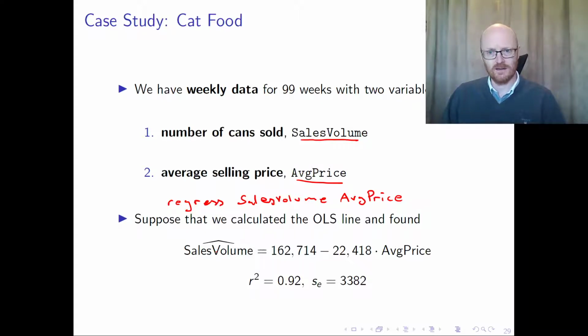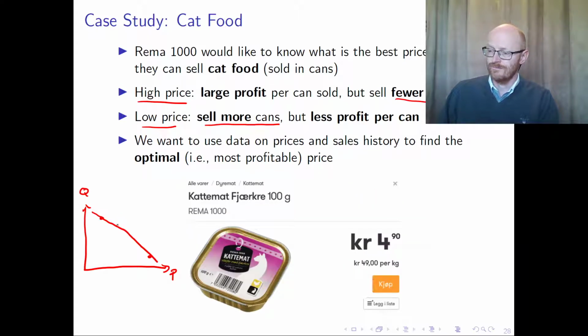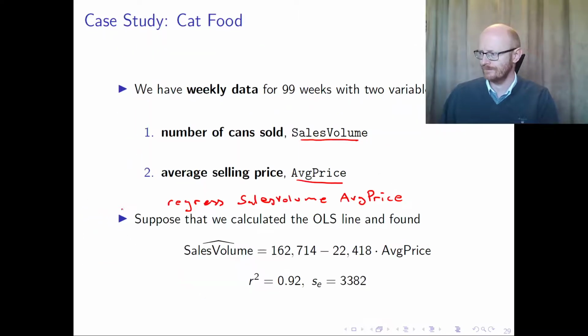Okay, and we get some result, and the sales volume hat, which is the estimated sales volume by the linear model, has an intercept of 162,000 and a negative slope of 22,000. From theory, we know that the slope should be negative, because if the price goes up, then you sell less. Okay?